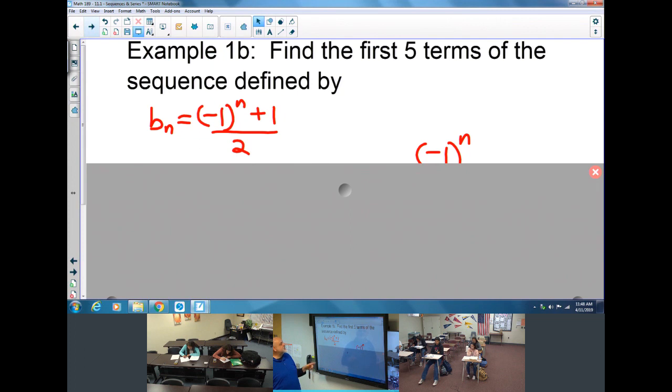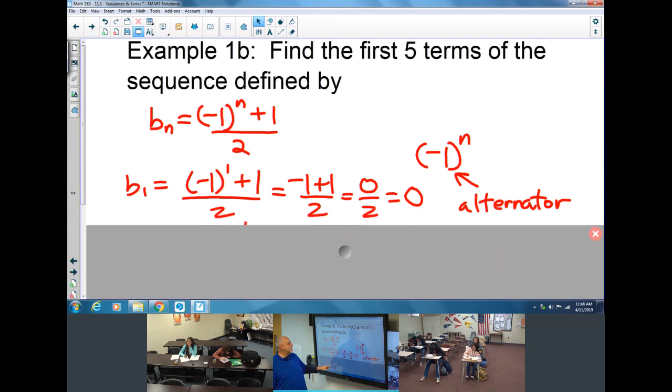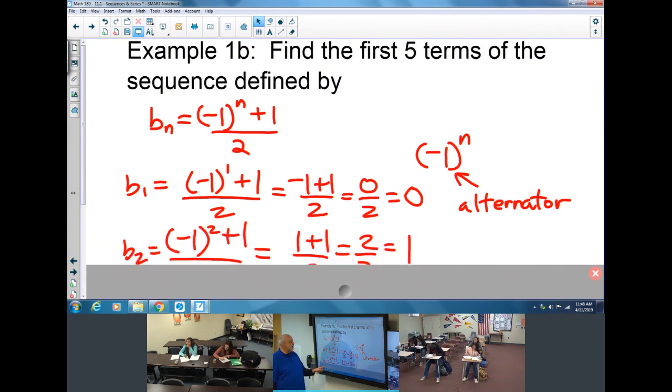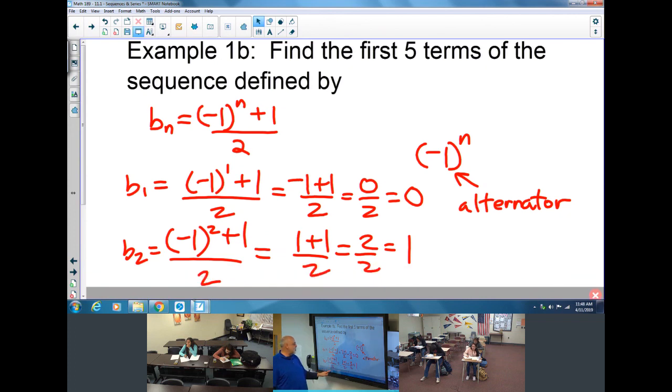All right, so this is 5. Find the first 5 terms defined by this. So here we start with the first term. So that would be -1 plus 1 over 2. So 0 divided by 2 is 0. All right, then the b sub 2. So that would be -1 squared plus 1.